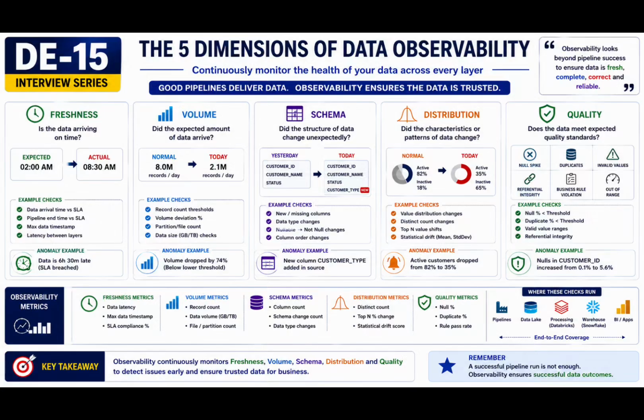Today, suddenly 5.6% are null. That's a significant anomaly. The pipeline might still succeed technically, but the data product is no longer trustworthy. This is why data observability looks beyond infrastructure health and pipeline status.